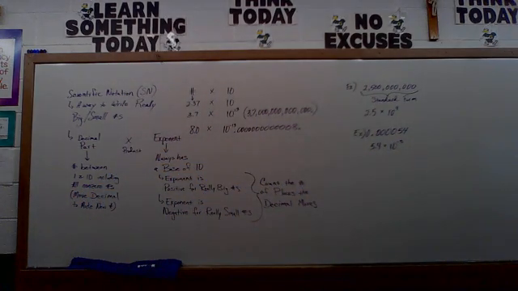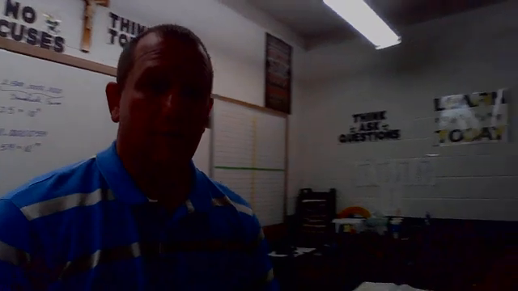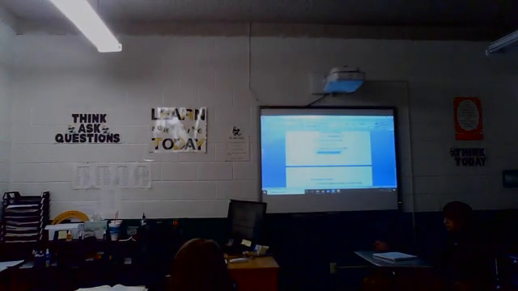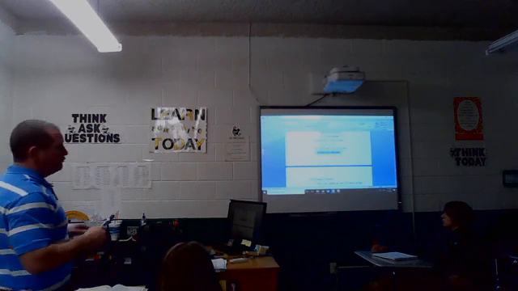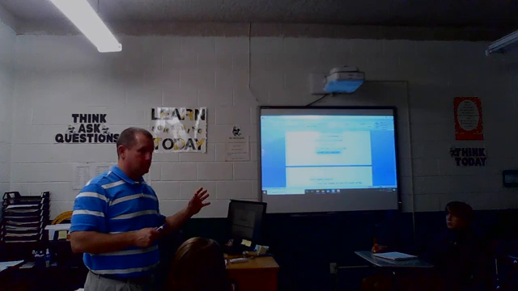I want you to think about the decimal part of this problem right here. So what would you write for the decimal part of your number? Again, we're converting the standard form into scientific notation, but I want to know what you would use for your number part, or the decimal part, the very first chunk.